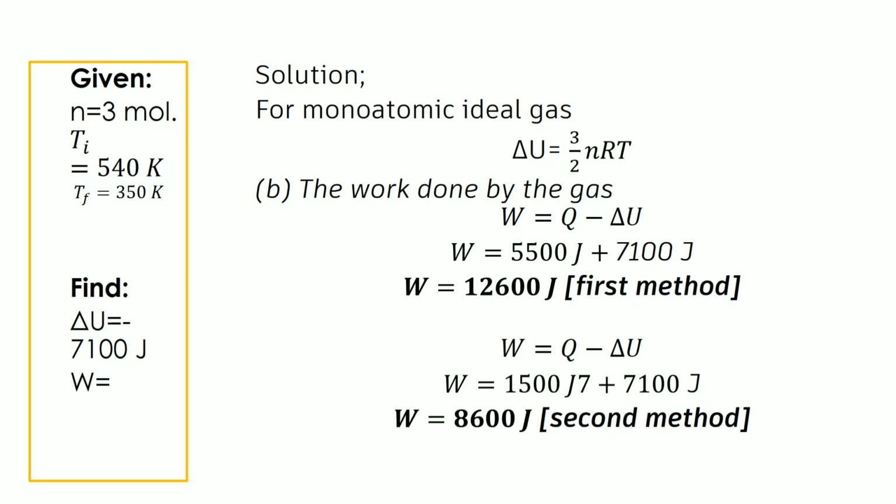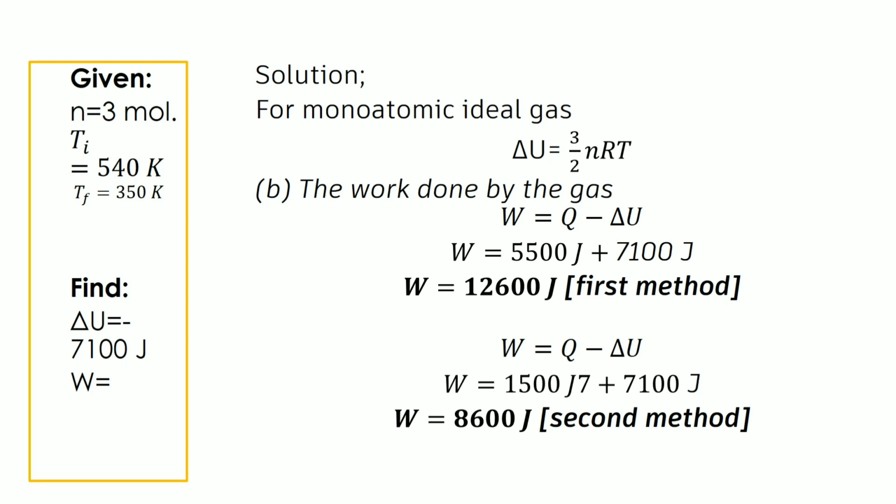We know that the formula for the work is equivalent to the heat, whether it is added or reduced, minus the change in the internal energy. Since we already have the result of our change in internal energy to be negative 7,100 joules, we're just going to plug it in here.